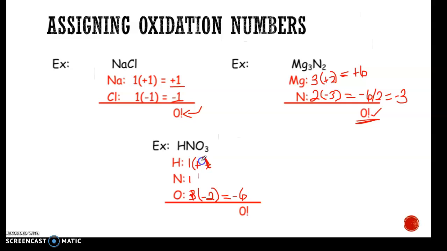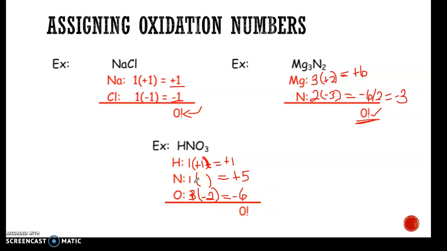So 1 times +1 was obviously going to give us +1. Now look at this. We now have +1 plus 1 plus -6. That leaves -5 left. So to cancel out -5, we're going to need a +5. So that means N must equal +5 to cancel out the rest.